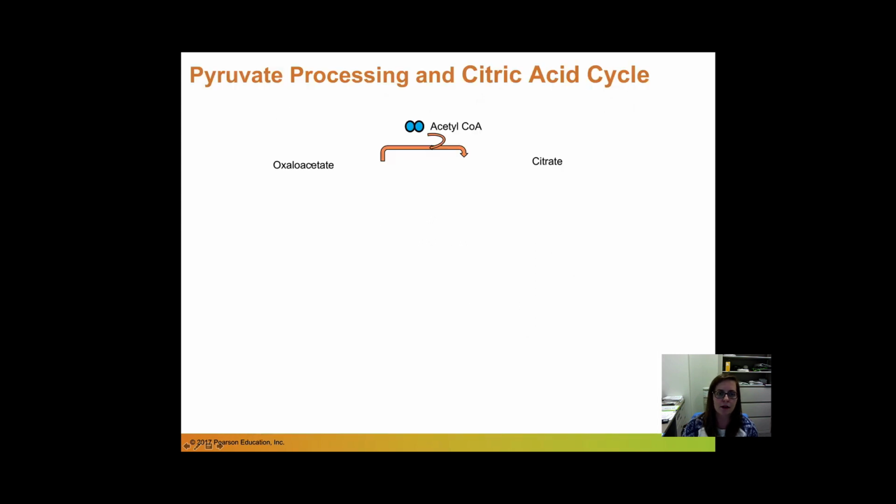Okay, so we start off with our oxaloacetate, which is a 4-carbon molecule, and it's going to combine with our acetyl-CoA. And this is going to make citrate, okay, and the carbons are going to come at the end of this molecule. Okay, it's going to isomerize to isocitrate.